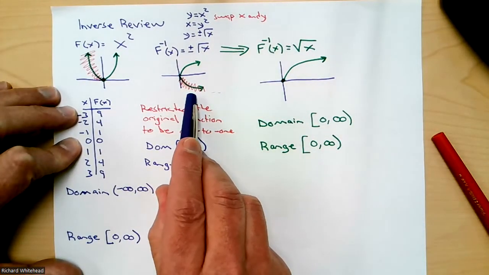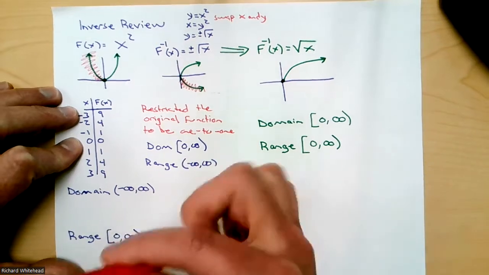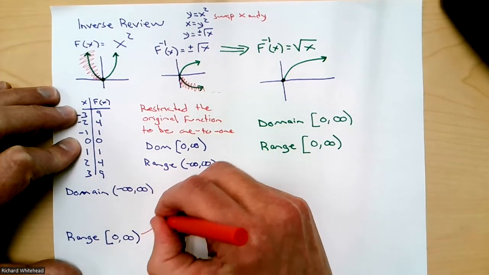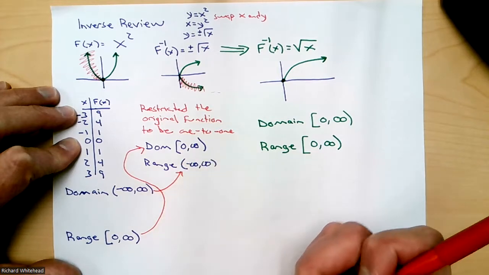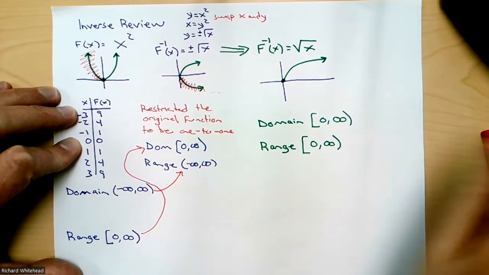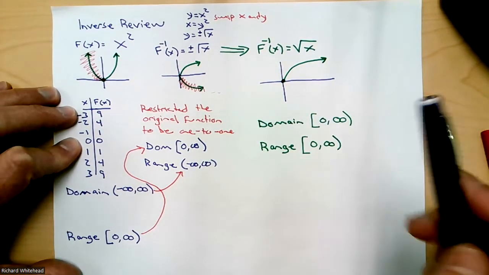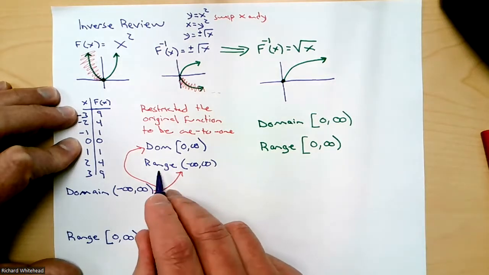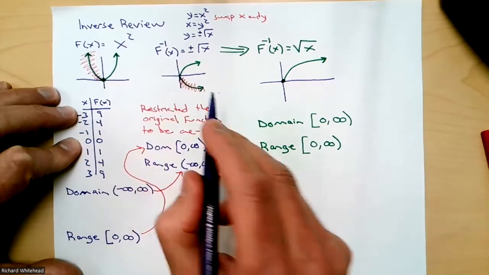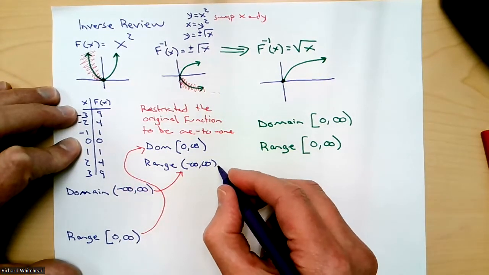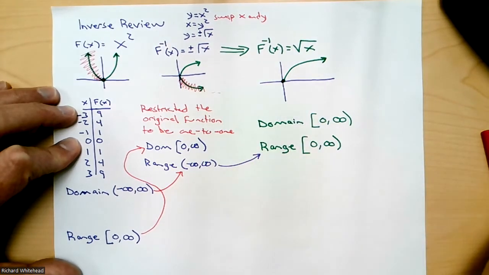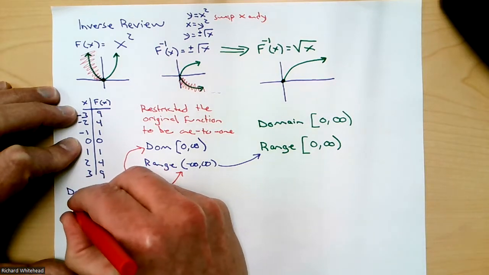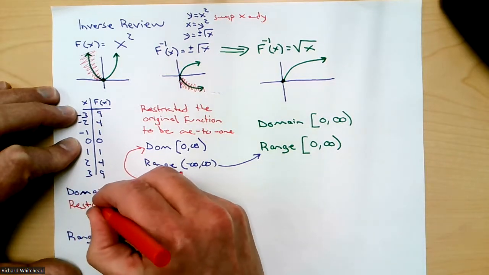So the range is all real numbers. But when I erase that, my range becomes the new domain and my domain becomes the new range. But when we restrict it like this, we cut off the bottom part. So we restricted the range. That made my new range this, which if you go back to when you did this in Algebra 2, you said, okay, we got to restrict this.